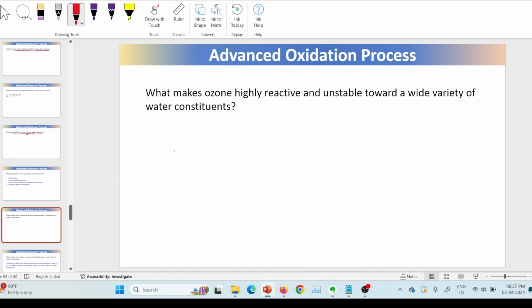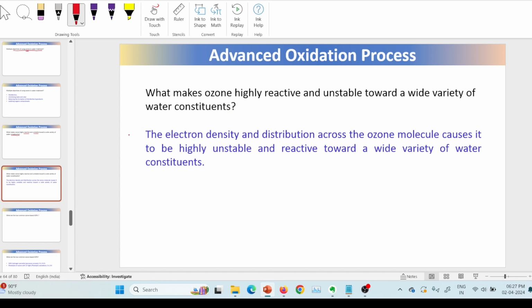What makes ozone highly reactive and unstable toward a wide variety of water constituents?